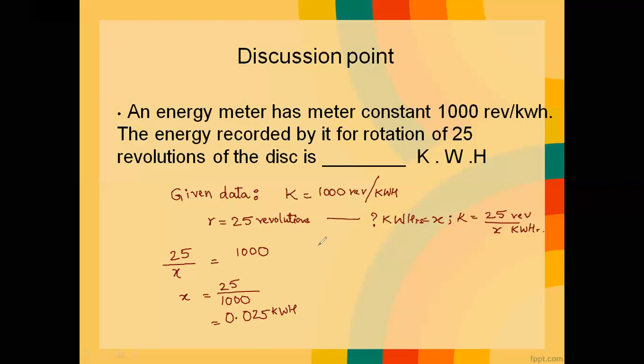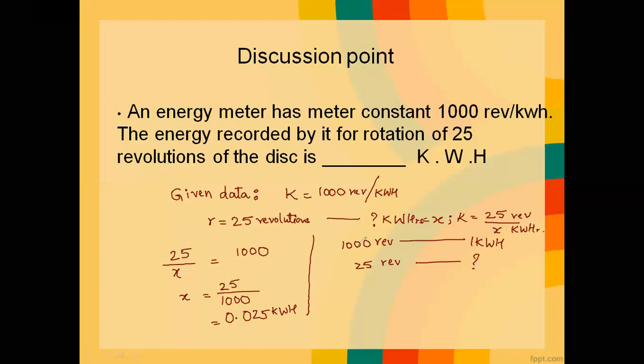We can do the same thing in another way also. So the constant says that for 1000 revolutions, 1 kilowatt hour is consumed. But then for 25 revolutions, how many?